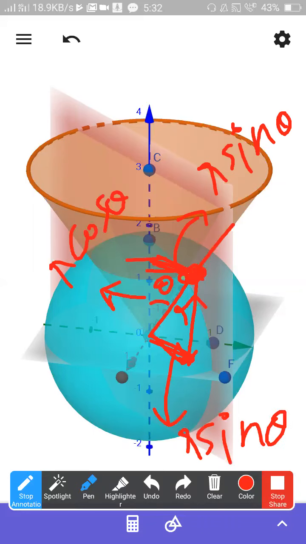If you make a top view, if that point goes to the base plane, the distance will be whatever distance you had here, r sin theta. The same distance will be available here, r sin theta only.